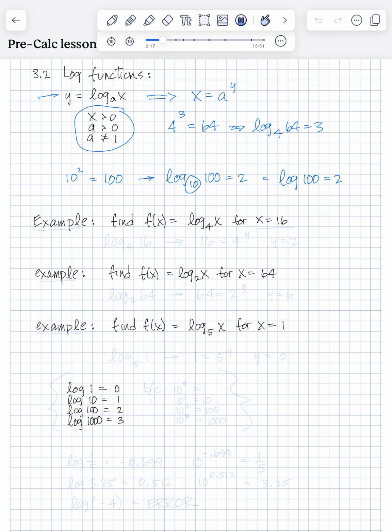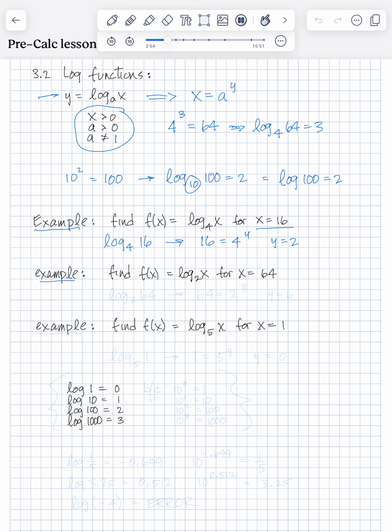Okay, let's look at a few more examples. Find f of x equals log base 4 of x for x equals 16. So we're going to rewrite it: log base 4 of 16. That means that 16 equals 4 to the y, and 16 is 4 squared, so y equals 2. Let's look at the next one.